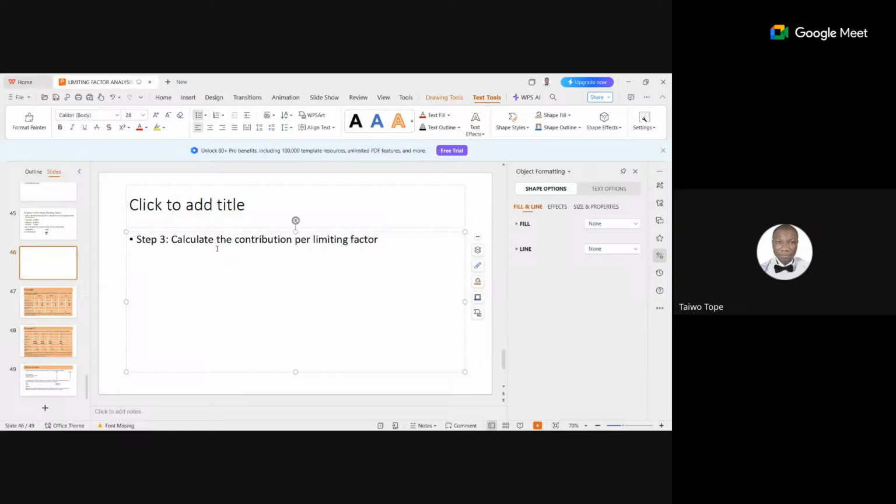You've already determined contribution per unit. Now, the limiting factor is how many hours you need to produce 1 unit of a product. You need to determine that in the question.